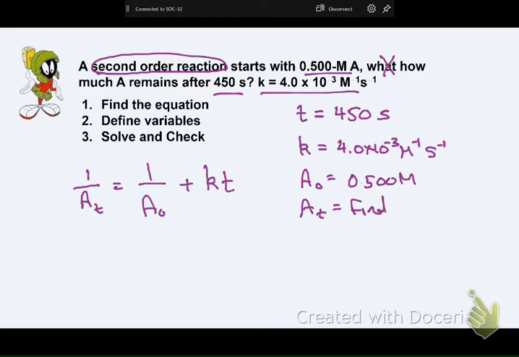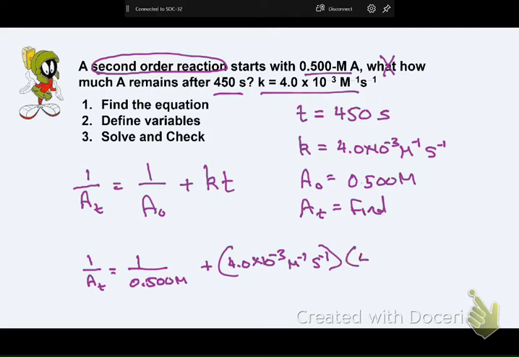So I have all the variables. I can plug them in like this. 1 over AT, that's what I'm finding, is equal to 1 over 0.500 molarity plus 4.0 times 10 to the minus third molarity to the minus 1 seconds to the minus 1. That's K, and T is 450 seconds. Now, if you take a second to the minus 1 and a second, you multiply them together, what do you get?